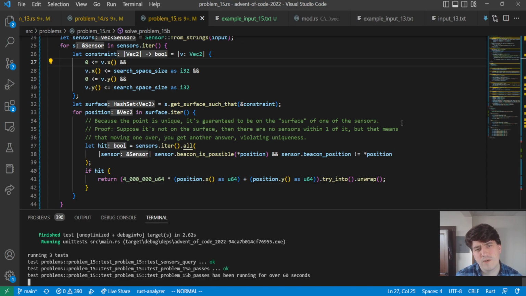I mean, it's not that small, but it's small enough. We're using the best beacons.